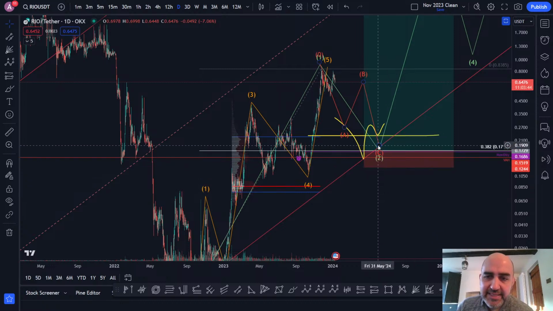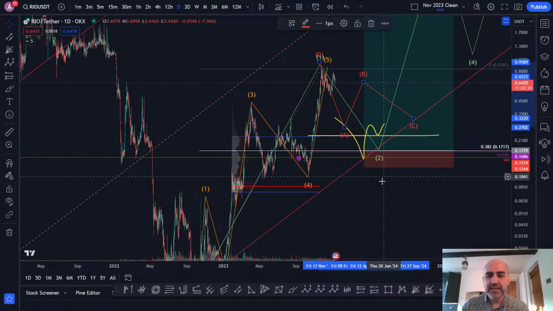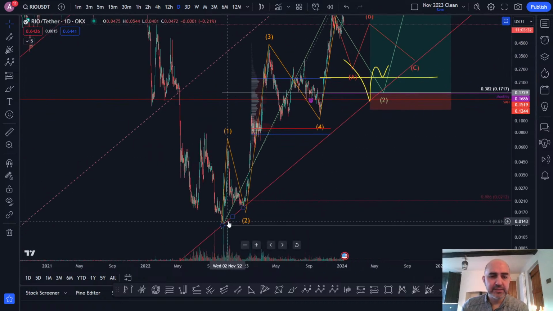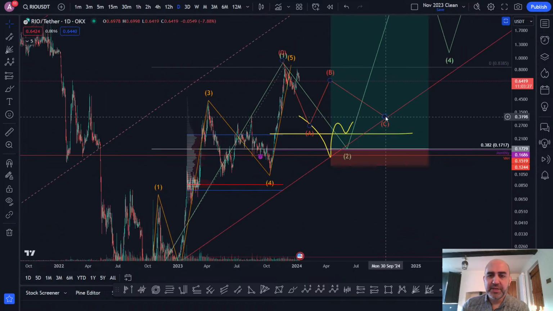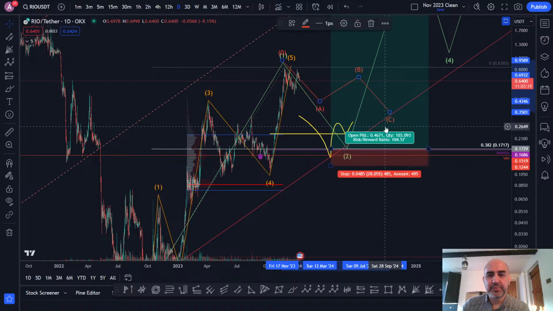If you can't get a deeper correction on the C, it would still be nice to get it somewhere along this lower trend line. I think it would be nice to test that trend line because it matches quite nicely here. It would be nice to catch the price on that trend line somewhere along the way. It doesn't have to be so deep, this could be more flat.